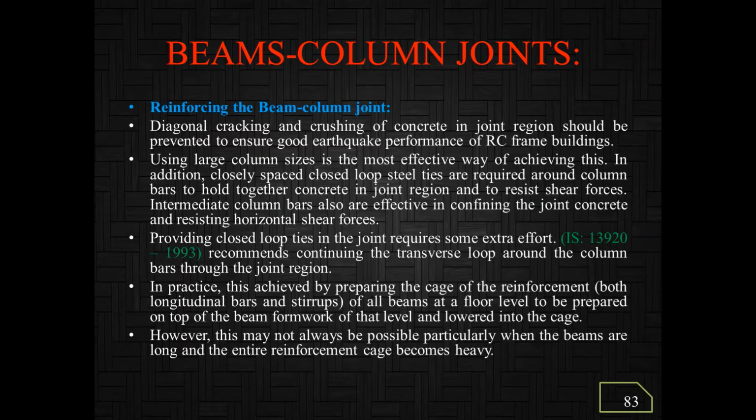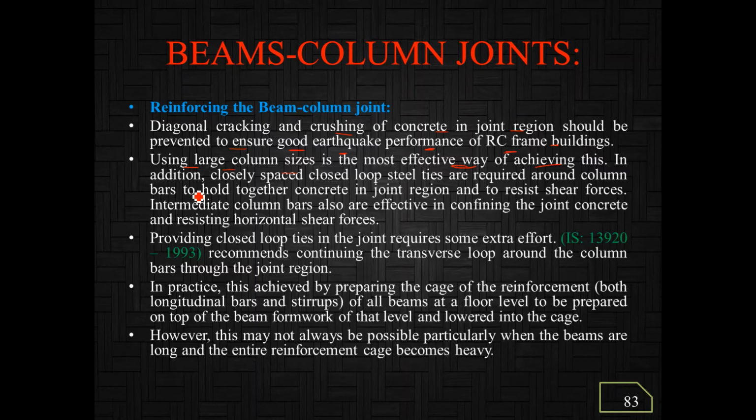Now we have to provide reinforcement for the beam column joint. Diagonal cracking and crushing of concrete in the joint region should be prevented to ensure good earthquake performance of an RC frame building. Using large column sizes is the most attractive way to achieve this.